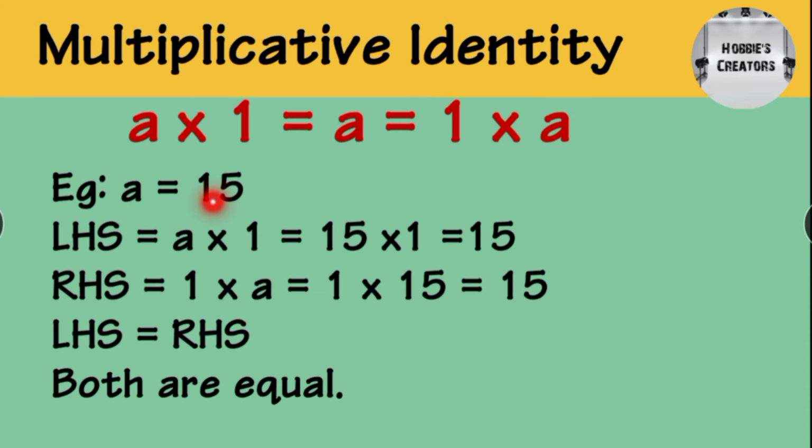First we can do a multiplied by 1. 15 multiplied by 1 is nothing but 15. Now 1 multiplied by a. 1 multiplied by 15 also is nothing but 15. So see, both are equal. What is this 15? It is nothing but a. So we got the answer in the same form. LHS is equal to RHS.